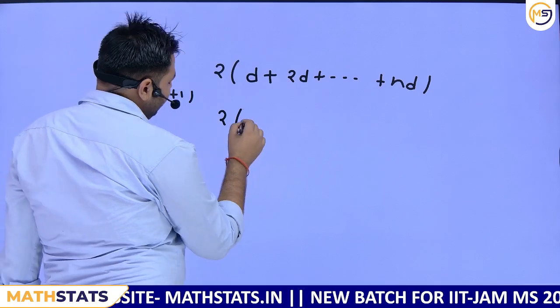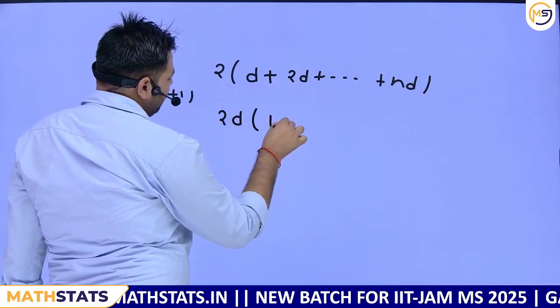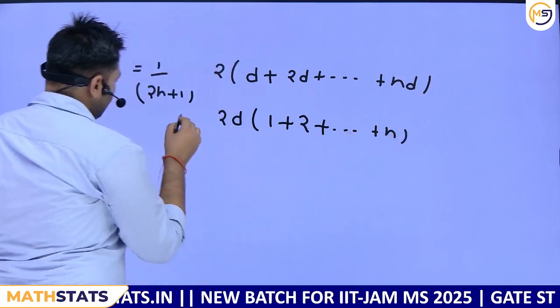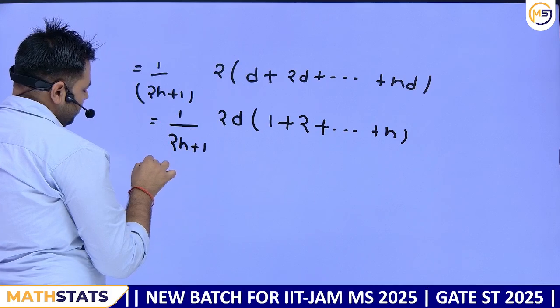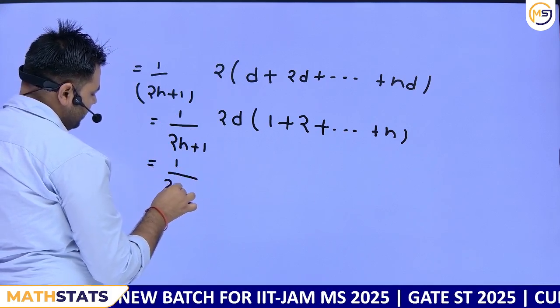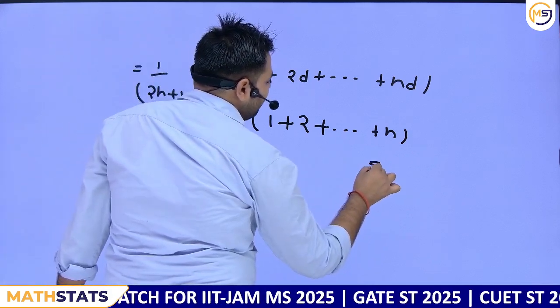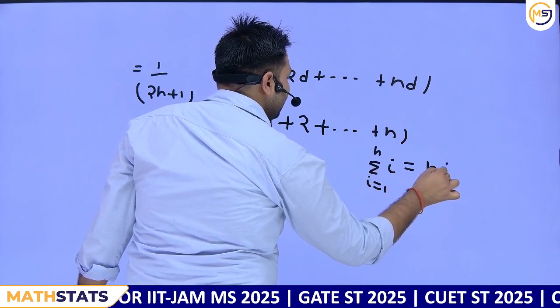Okay. So now d is common, you can take common d, then you get 2d times (1 plus 2 plus so on plus n), multiplied by 1 upon 2n plus 1. And what is the summation of 1 plus 2 and so on, i equal to 1 to n of i?